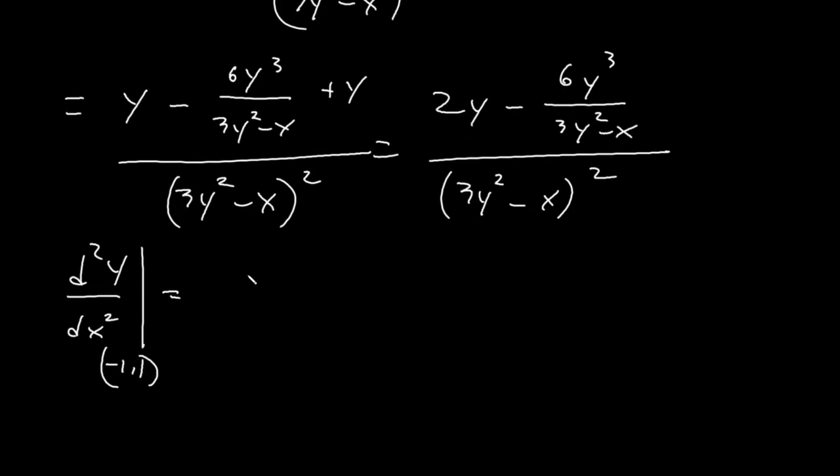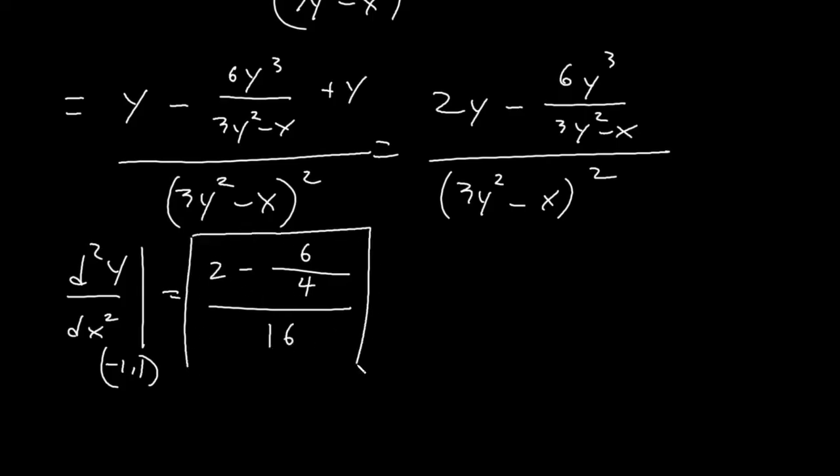So 2 times 1 is 2, minus 6 times 1 cubed, which is 6, over 3 times 1 squared, which is 3, and 3 minus a negative 1 is 3 plus 1, which is 4. I'm dividing by that squared, so 4 squared is 16. I'm honestly just going to leave it like that and call it a day. If you simplify this further, you'd get 1 over 32, but this is totally sufficient because it's numerically equivalent to the correct simplified answer.